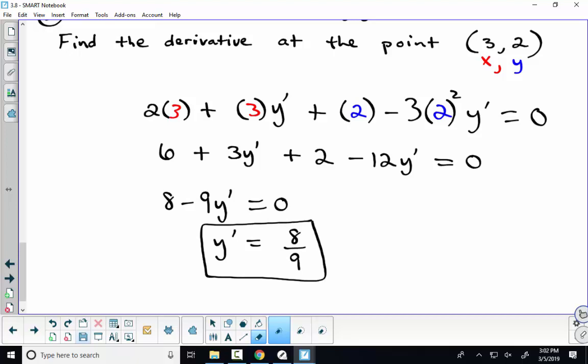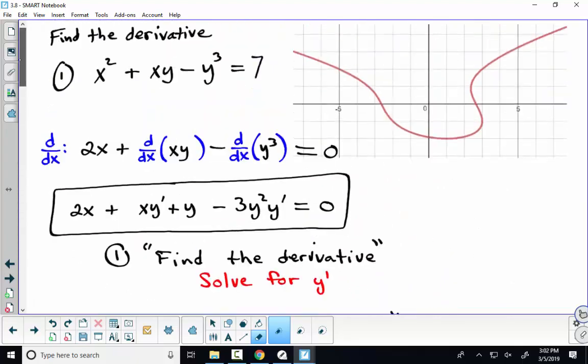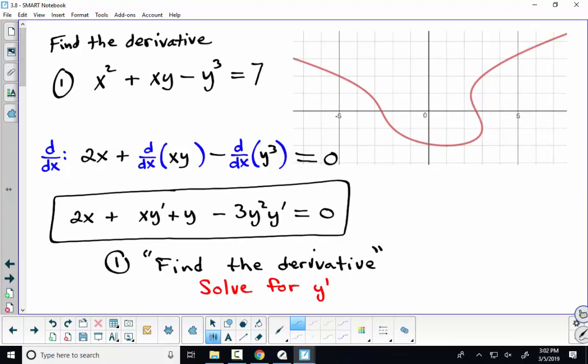Let me go back up to our graph and just show that. So here's the point (3, 2) on that curve, and we found the tangent line here does have a slope of 8/9.